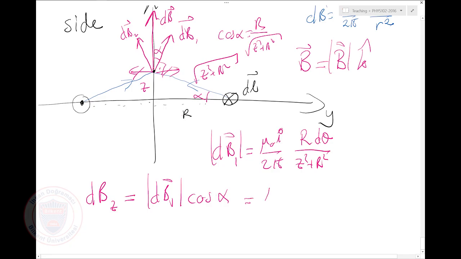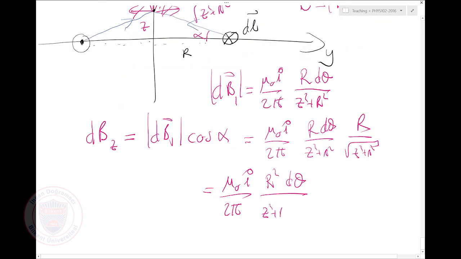So this is going to be mu 0 I over 2 pi R d theta divided by Z square plus R square times R divided by square root of Z square plus R square. So this whole thing is going to be mu 0 I over 2 pi R square d theta divided by Z square plus R square to the 3 halves, right?